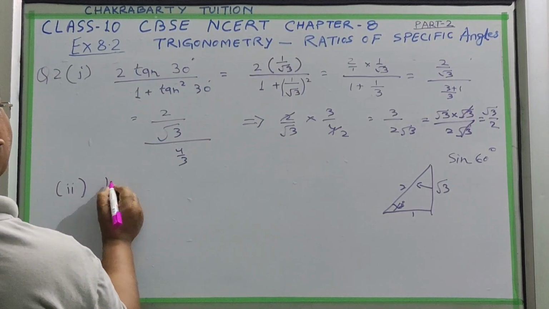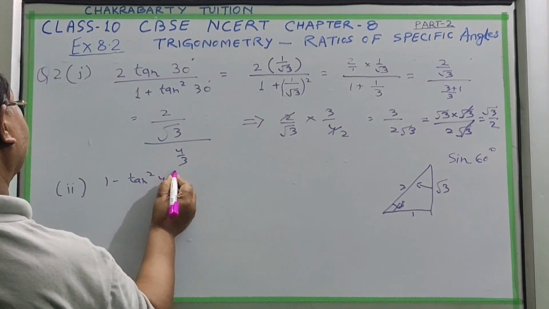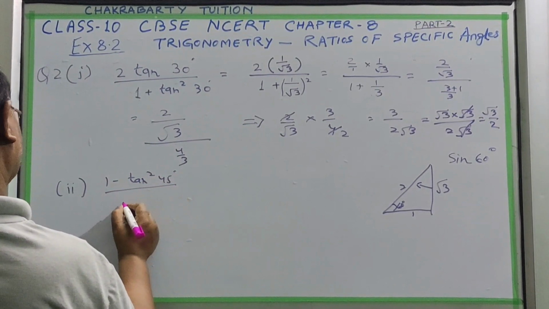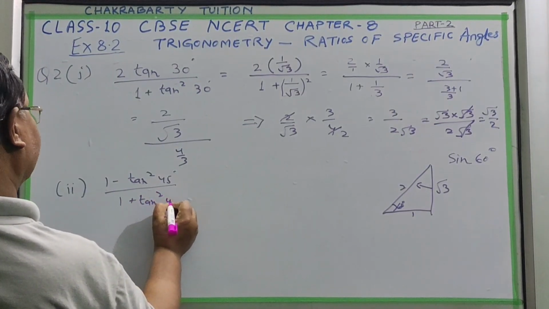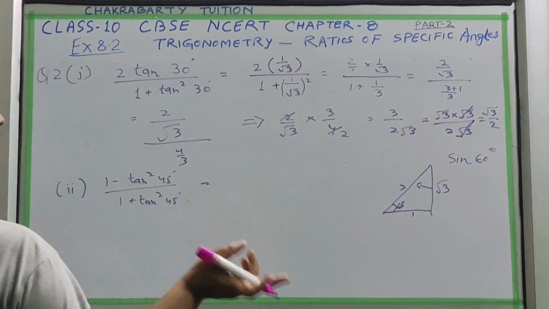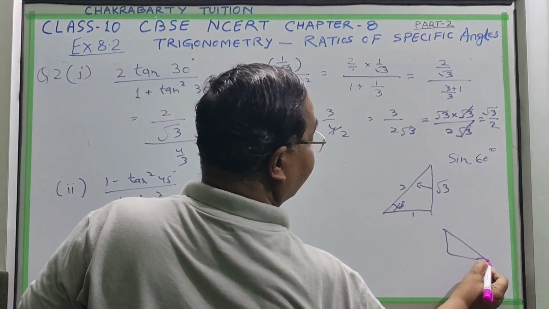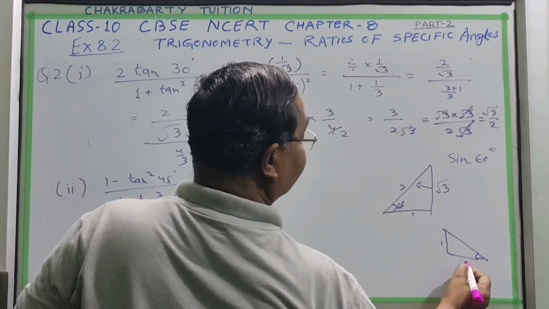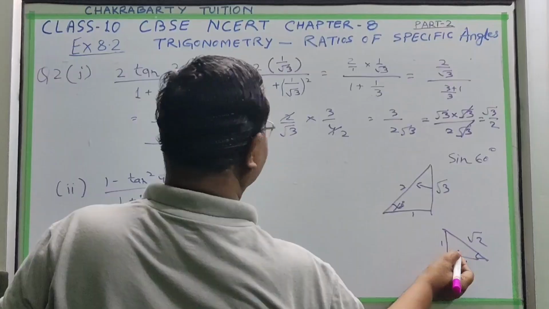2. 1 minus tan square 45 degree upon 1 plus tan square 45 degree. Okay, so we know tan 45 is equal to 1. Tan 45 means like this, it is 45 degree, 1 and under root 2 we write. So tan is 1 upon 1, means 1.